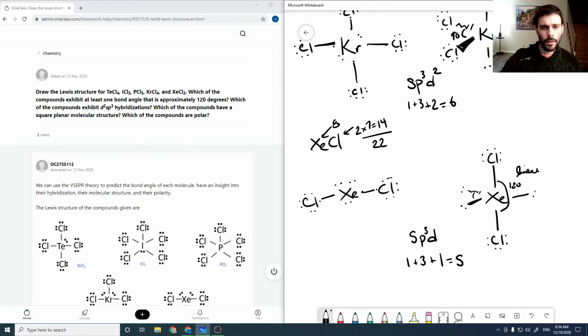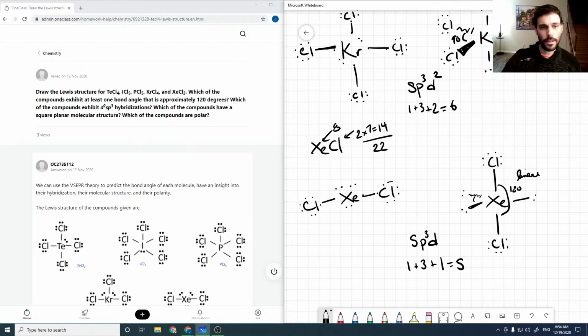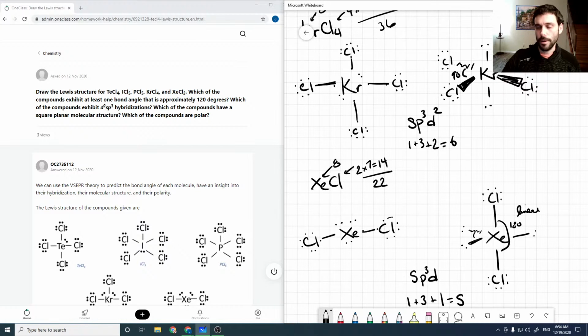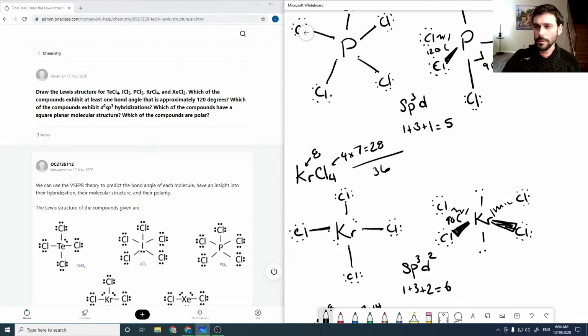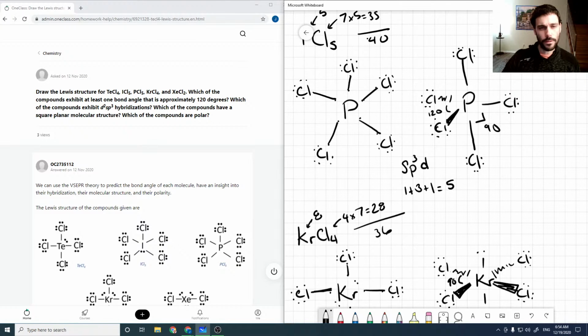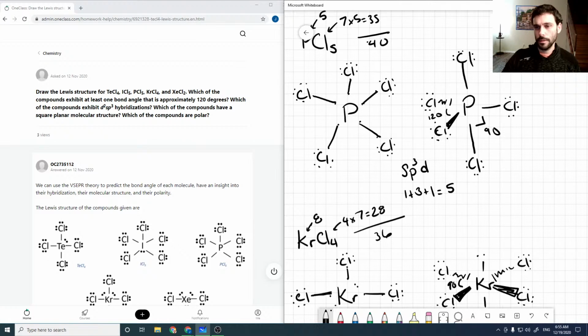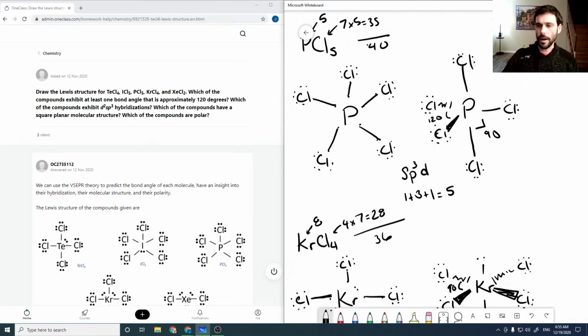Okay, so now going through these questions now. Which of the compounds exhibits at least one bond angle that is approximately 120 degrees? So I'd say there's the PCl5, definitely. So here we have a bond angle that's 120 degrees.